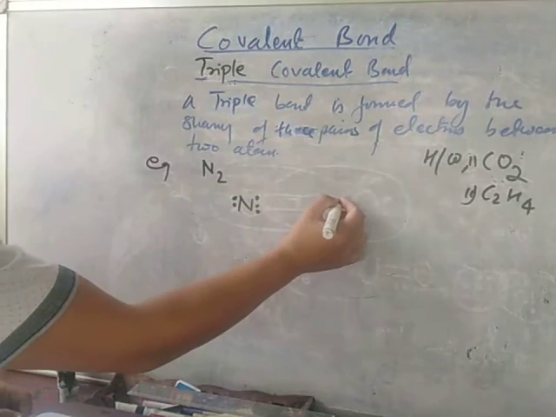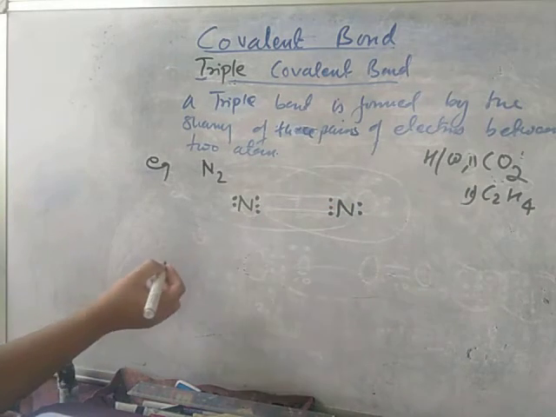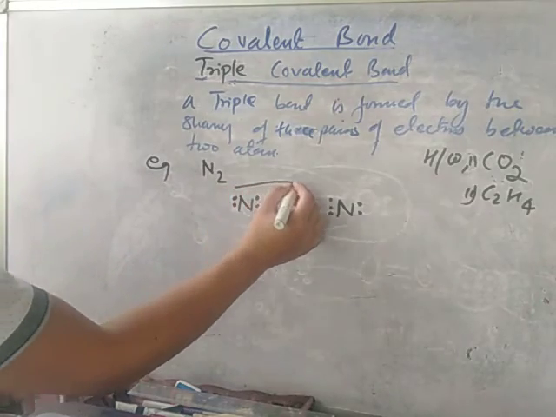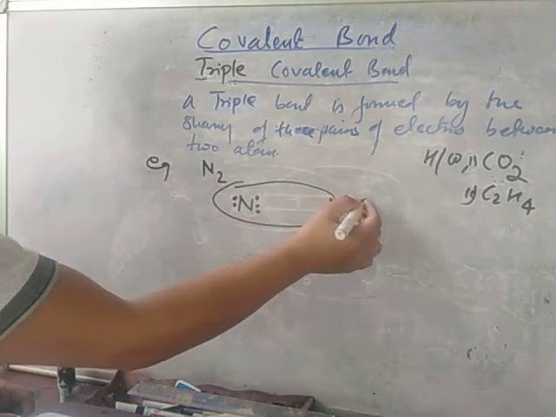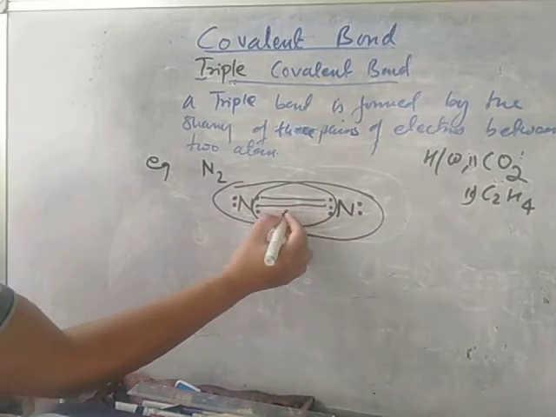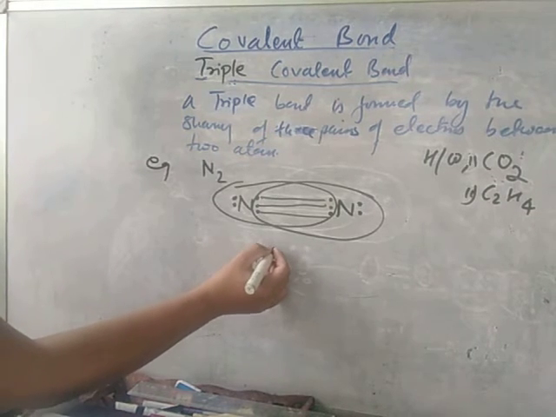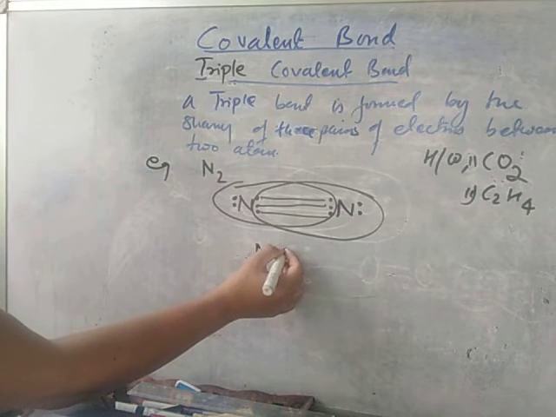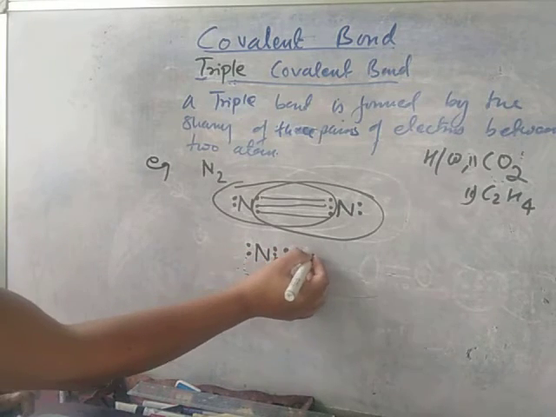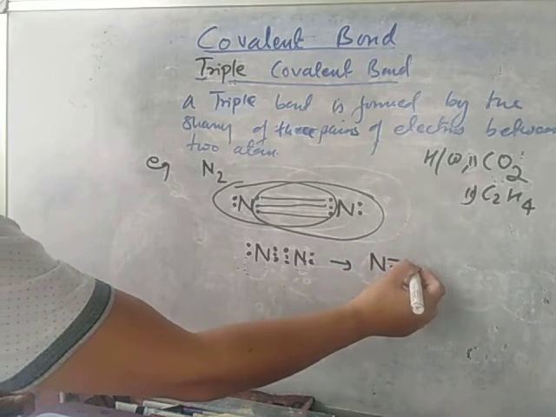So to get 8, they are sharing like this, isn't it? They are sharing those three electrons, so they form a triple bond. So you can write it like this also, and a triple bond.